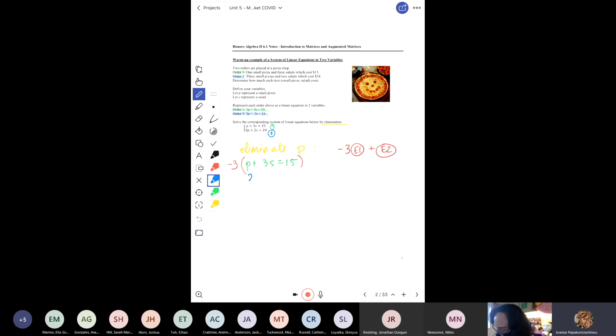I'm going to take the second equation. I may want to rewrite this. So now my new first equation is this. Second equation didn't change. And now if I were to add the 2 together, I've eliminated P, and what do I have left over?